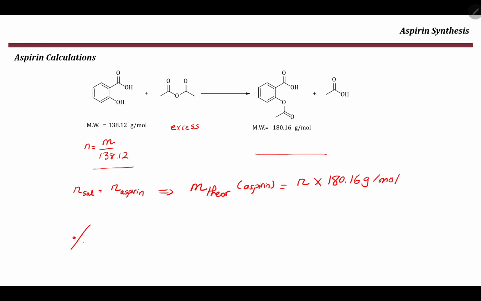And then to determine the percentage yield of the reaction, you just have to divide the actual mass, which is the mass that you obtained in the lab experimentally, by the theoretical mass of aspirin, and then you multiply this by 100, and this is how you calculate the percentage yield of your reaction.